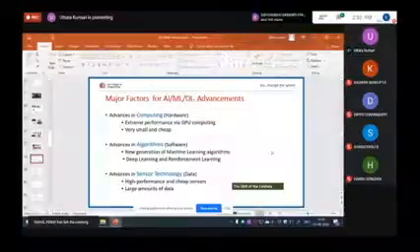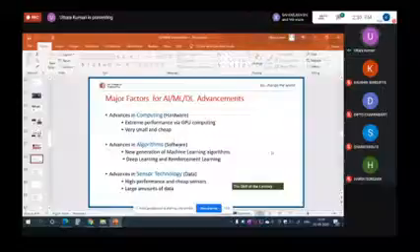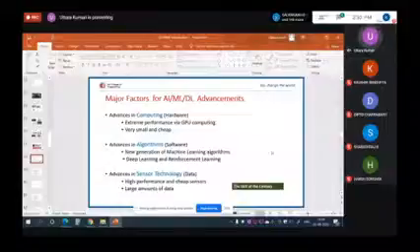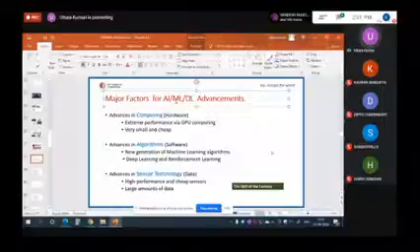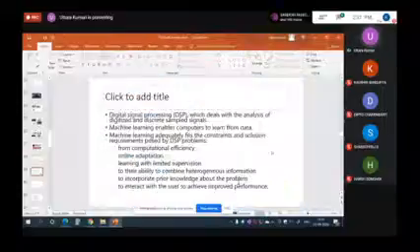Apart from signal processing, all these three things also come into the picture. That's why one of the recent papers mentions ML or DL as the skill of this century, because of the advancement.